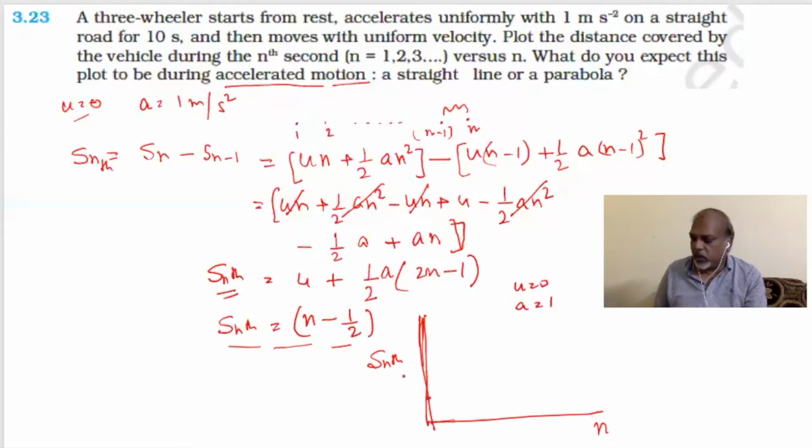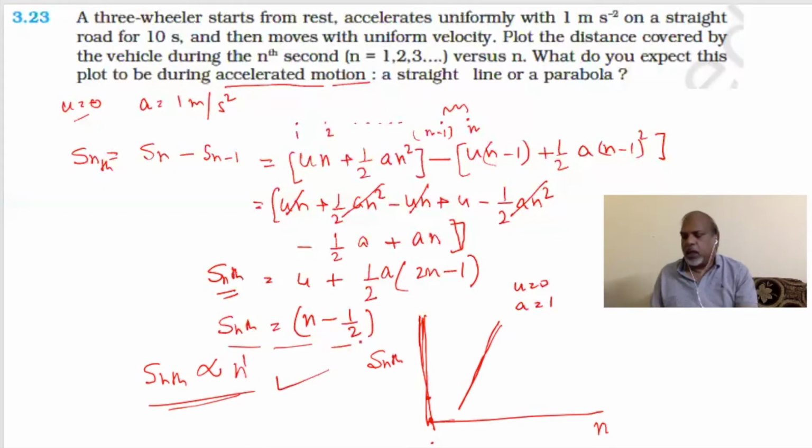Sorry, when n is equal to 0, then S is minus half. So it will be like this. Like that, if you plot it, it will come a straight line because this S n is proportional to n only, single power. So that means it has to be a straight line. By putting the values, you can plot the graph. So this is about question number 23.